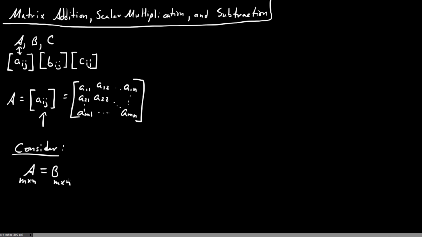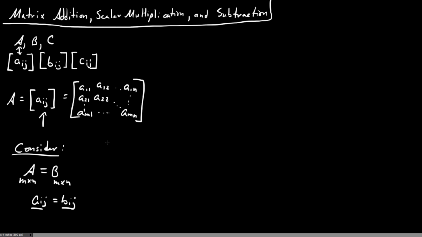And also this must be true if and only if aij is equal to bij. So in other words, every individual element in some respective row and column has to be the exact same thing as the element that is in the same spot on the other matrix.